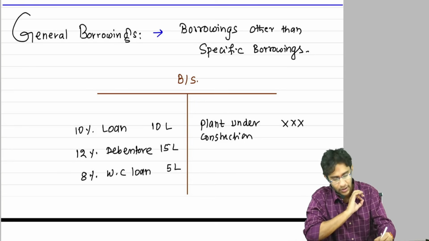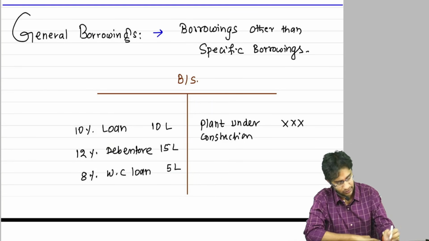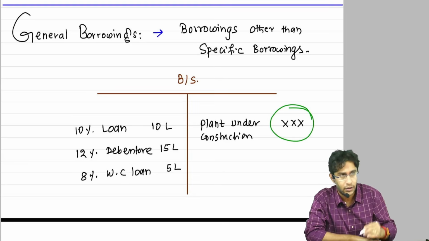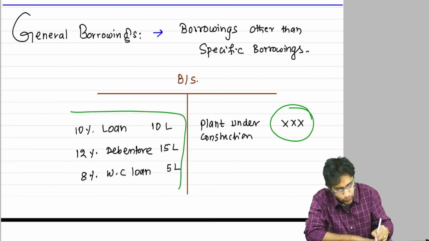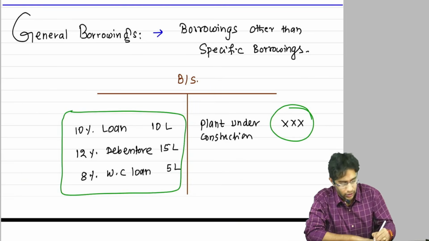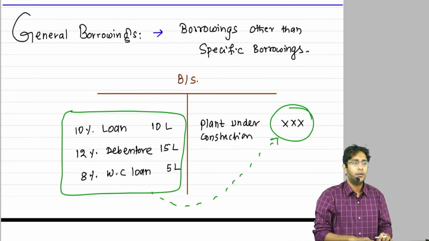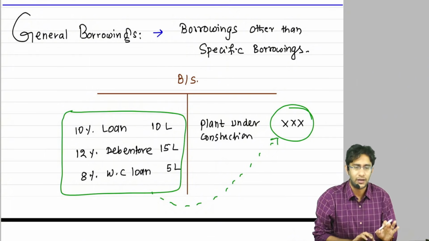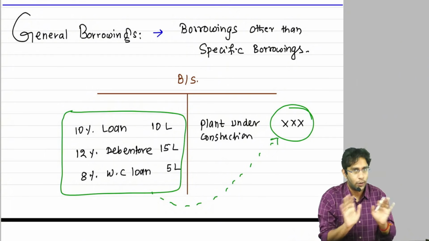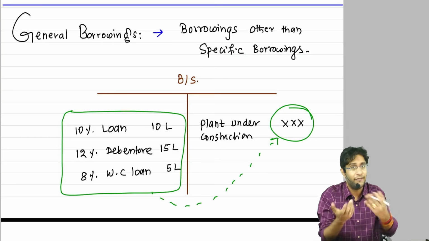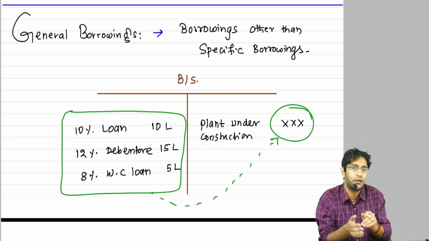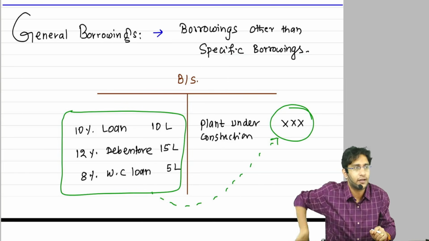Now listen carefully. What our standard presumes is that you used money from this pool. Sir, when did I use it? You don't know, sir. See, you did not borrow money specifically, but you are having money. You are spending on the qualifying asset. Balance sheet liabilities, borrowings are there.